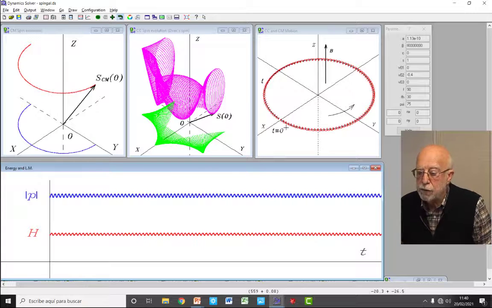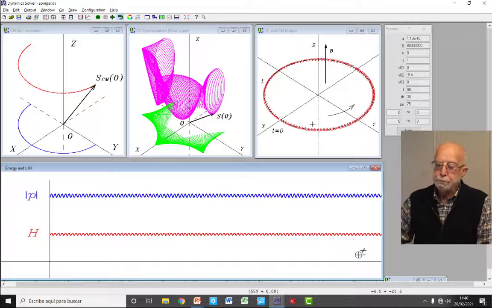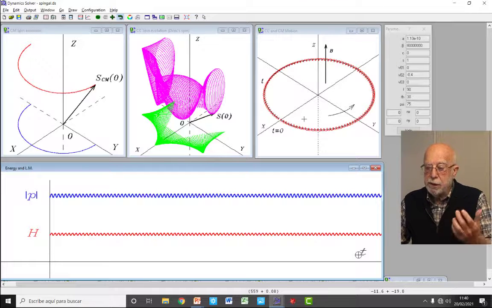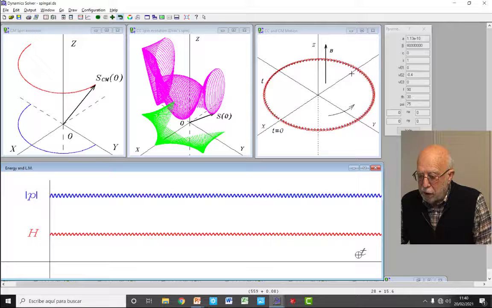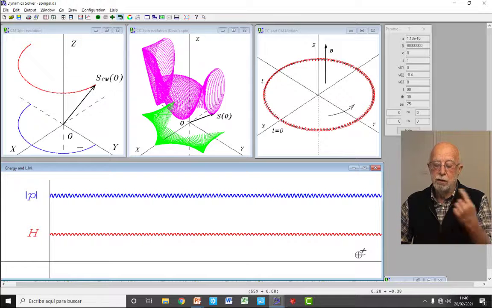Okay, so this is the center of charge moving around the center of mass motion, but what we see is the cyclotronic motion has an angular velocity along the direction of the magnetic field. However, the center of mass spin is precessing backwards. We have the angular velocity and in the opposite direction.